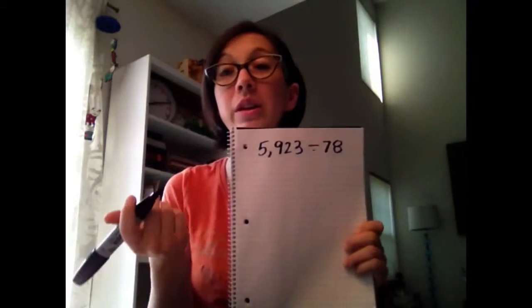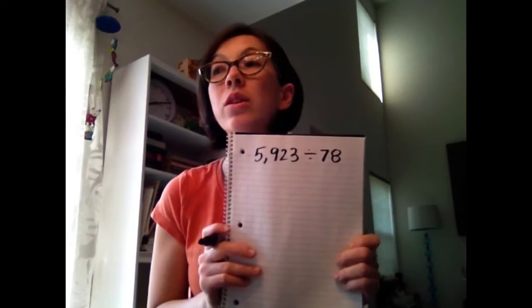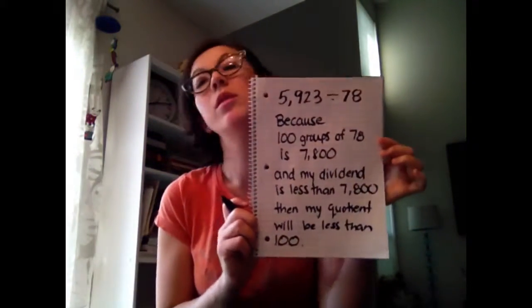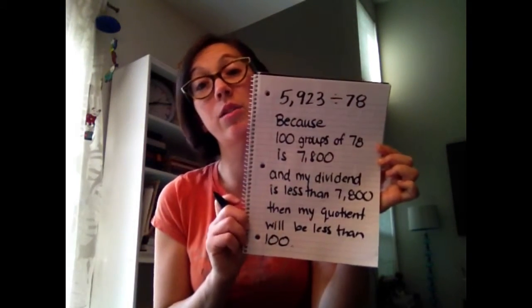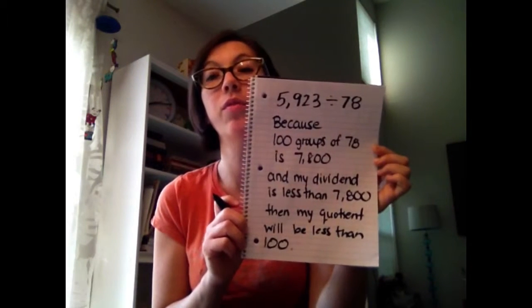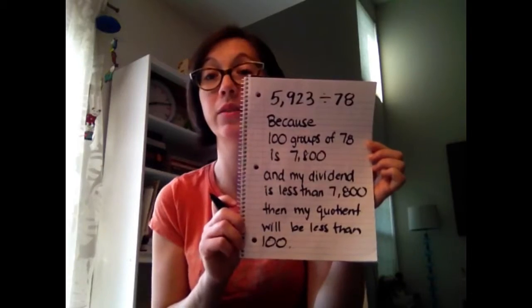Well, this number is less than 7,800, so my estimate is that the quotient will be less than 100. I'm just going to write that down. Because 7,800 divided by 78 is 100, so 5,923 divided by 78 should be less than 100.